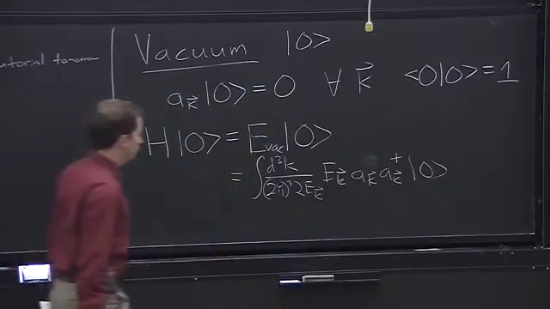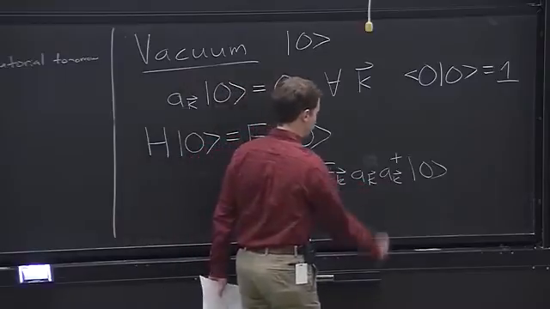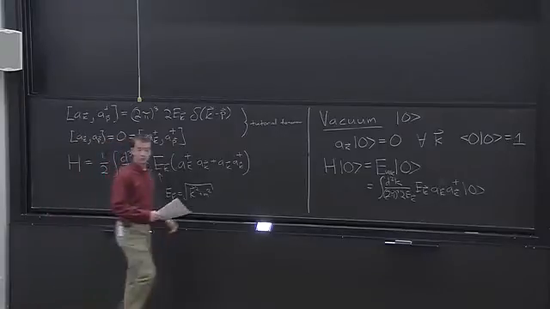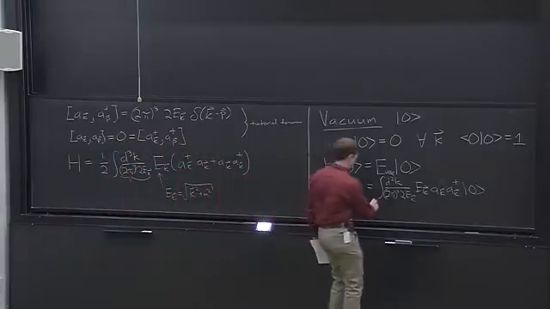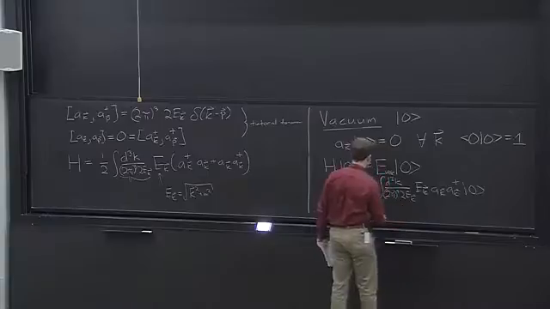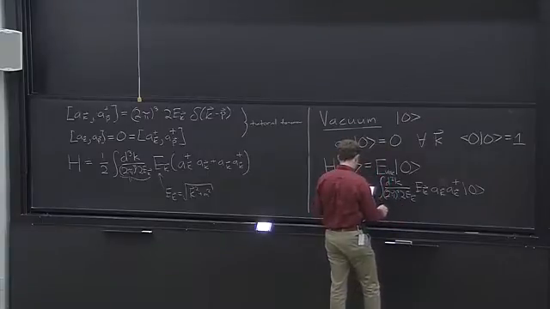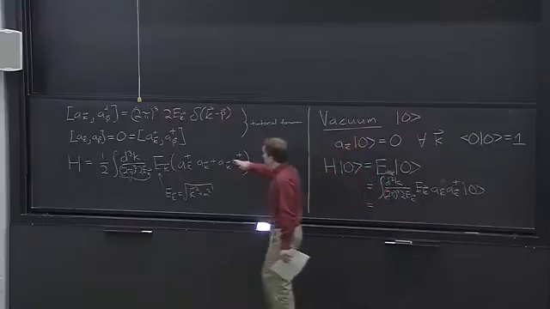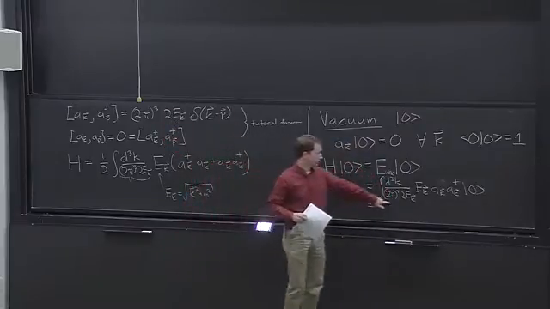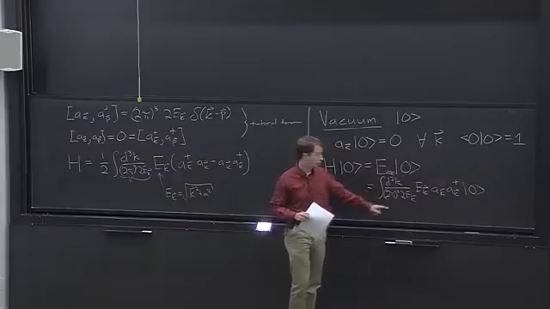Okay, so we can compute this using our commutation relations. If we commute these, we get a factor of (2π)^3 2E_k, which conveniently cancels out our denominator here.